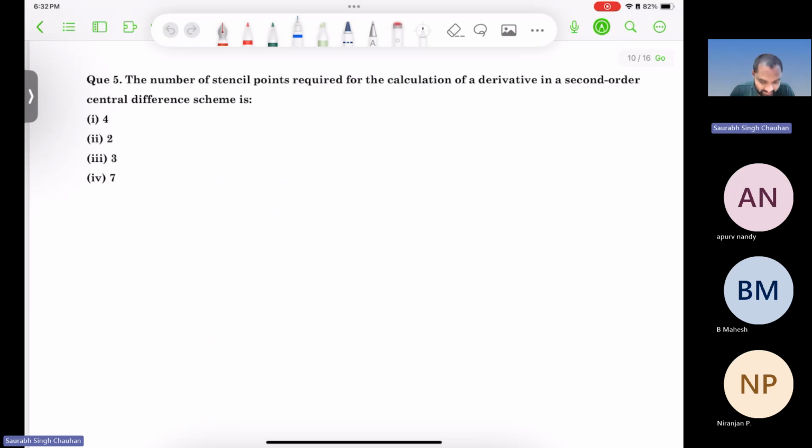Now coming to question number 5. Question number 5 says the number of stencil points required for the calculation of a derivative in a second order central difference scheme is.